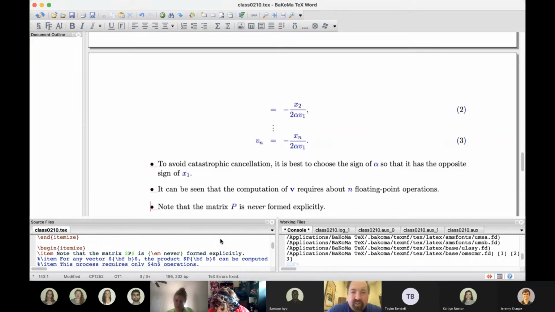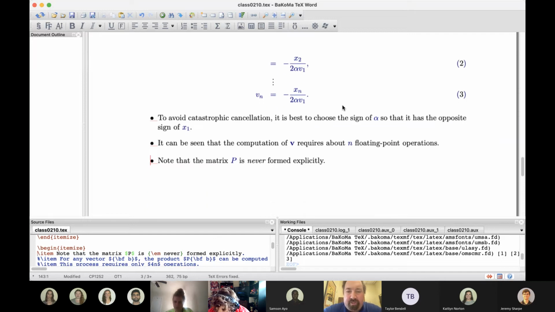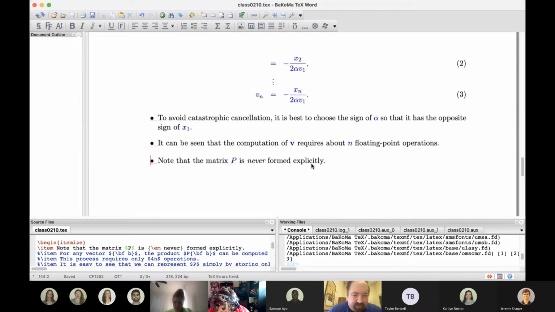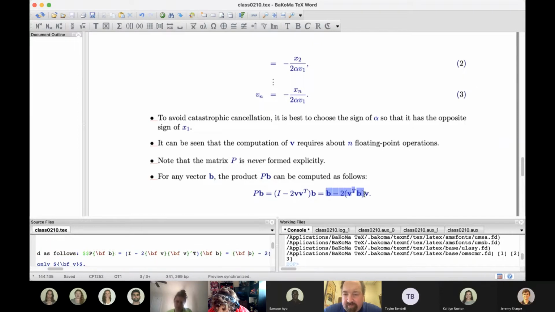Okay. Now, the cardinal rule of working with Householder reflections: never, ever form the matrix P explicitly. That is a waste. If you want to compute P times a vector b, this is what you do: you compute this term and just subtract it off from b.